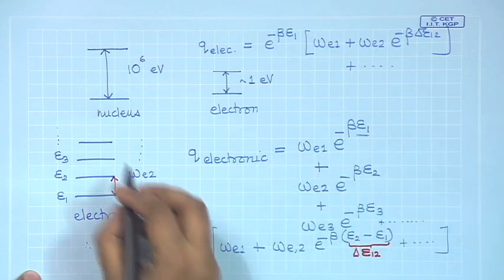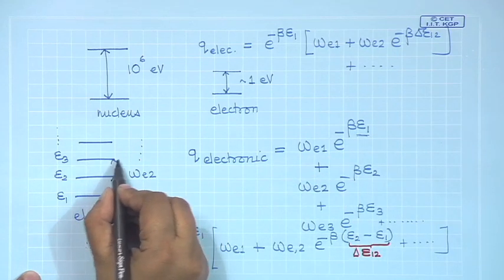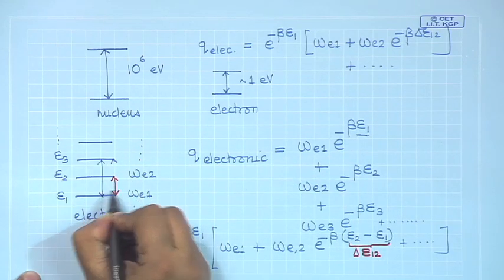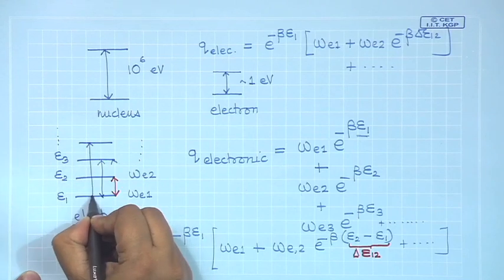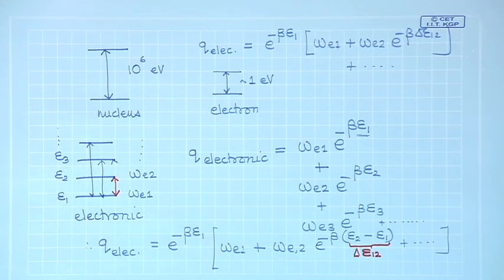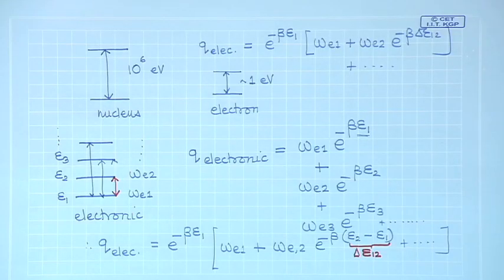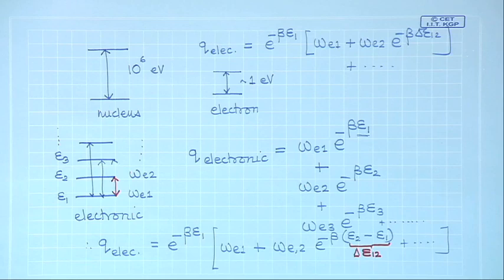The delta epsilon 1 3 is higher than this, and this is even higher than this. So, all the higher energy levels will not contribute much to the overall electronic partition function, because beta into that delta epsilon term is very, very large, and therefore, their contributions are going to be very, very small.